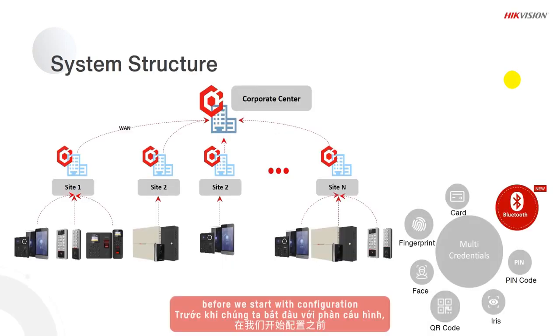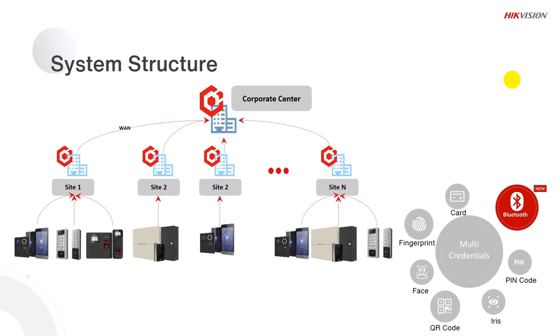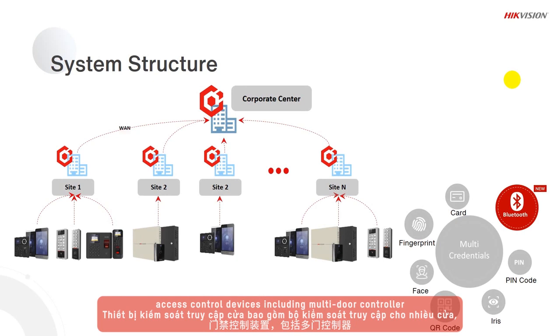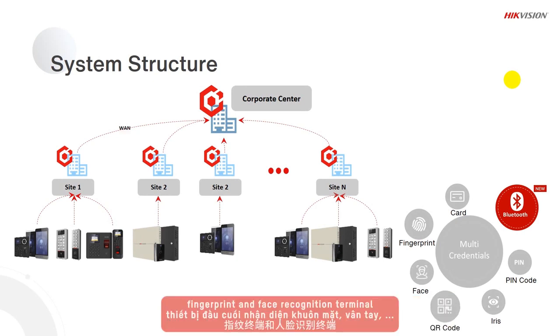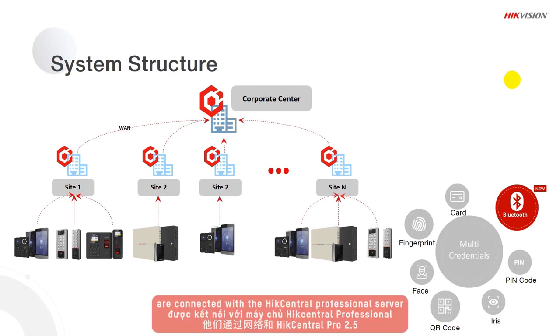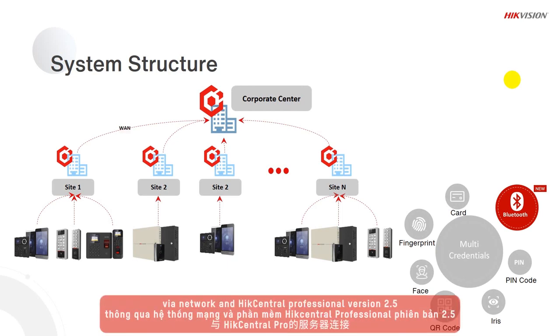Before we start with configuration, we should firstly know about the structure of access control system. Access control devices, including multi-door controller, fingerprint, and face recognition terminal, are connected with the HikCentral Professional server via network.